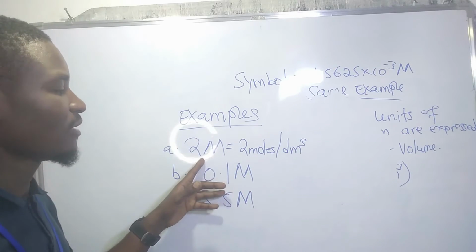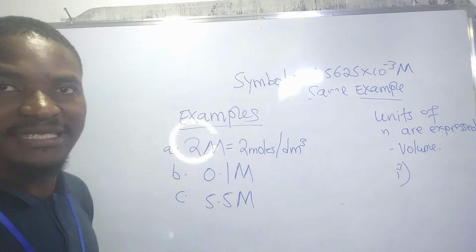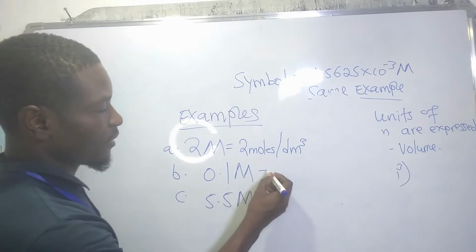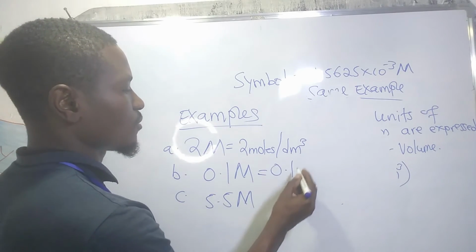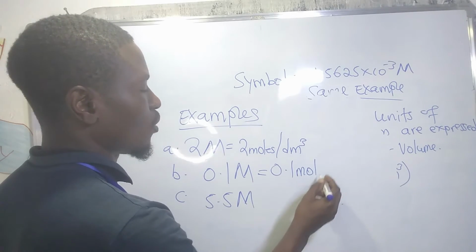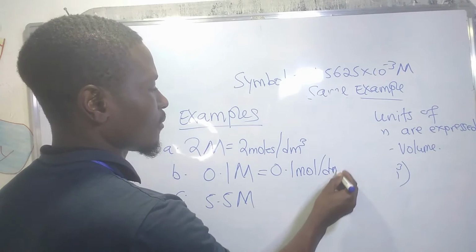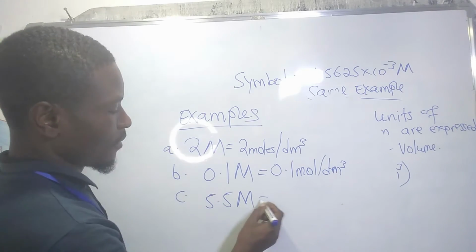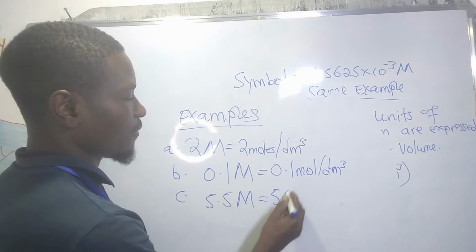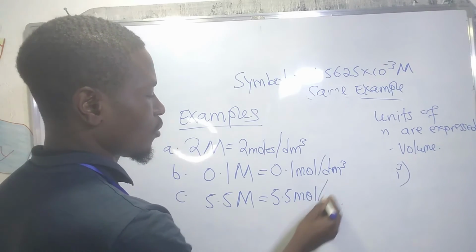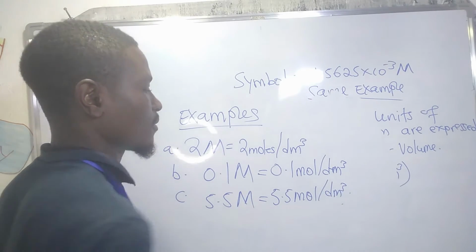So this is going to be 2 moles per cubic decimeter. Even this one is going to be 0.1 mole per cubic decimeter, and this one 5.5 moles per cubic decimeter.